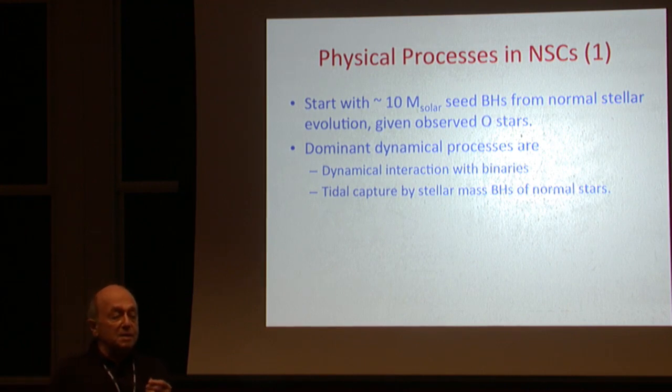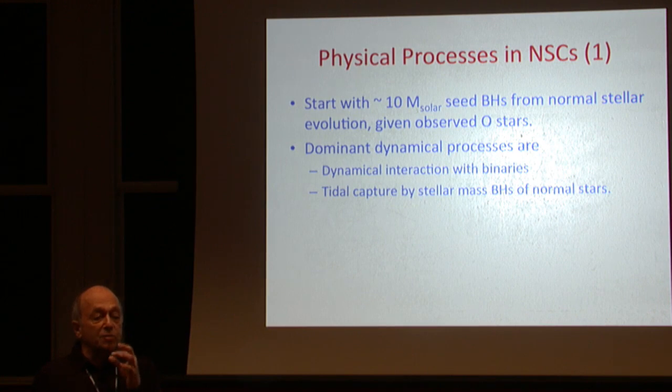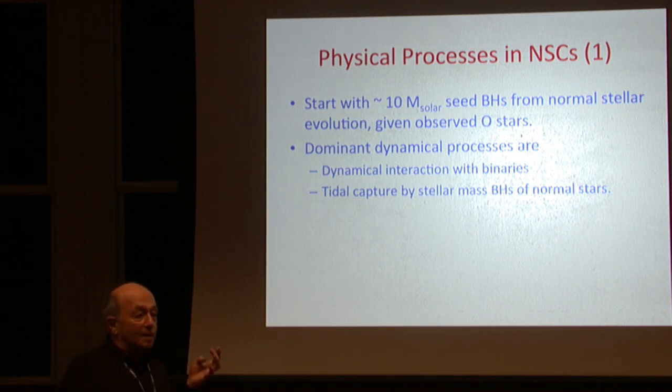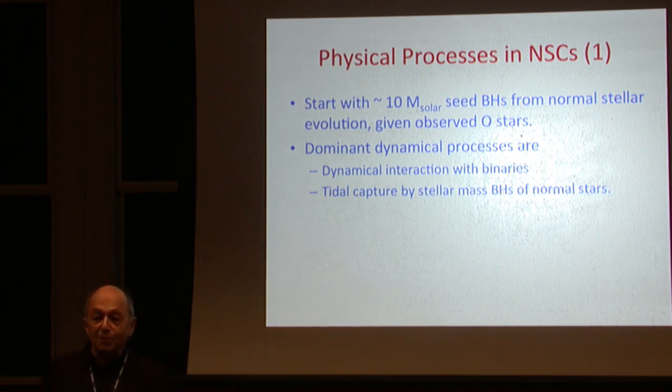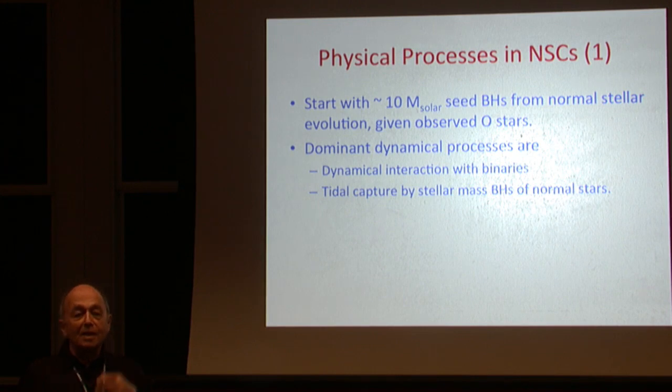What will happen is the black hole will wander by a binary, get into a three-body interaction, eject the lowest mass star at the orbital velocity, say 200 kilometers per second, and then the binary with the black hole and the remaining star moves off in the other direction at 20 kilometers per second. And if that's more than the escape velocity, it will leave altogether. If it's less than the escape velocity, it will just oscillate and come back. So one is interaction with binaries.